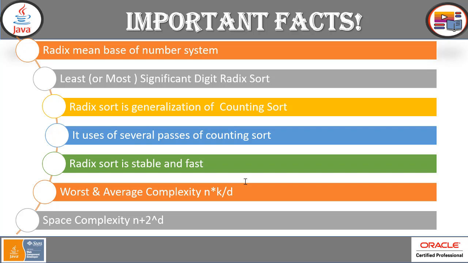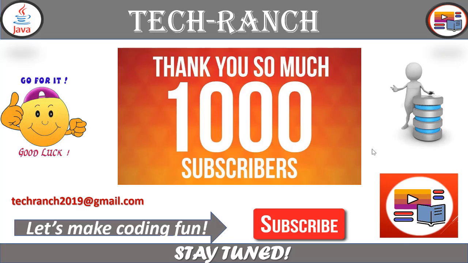Space complexity is n plus 2 per d. So on the same base, if you have the best case or some other probability, the complexity will differ. So this is all about the Radix sort demonstration and implementation in Java.